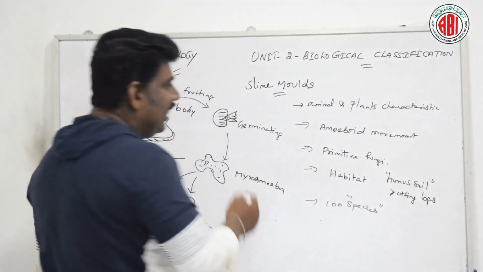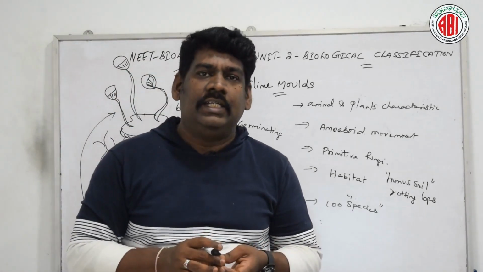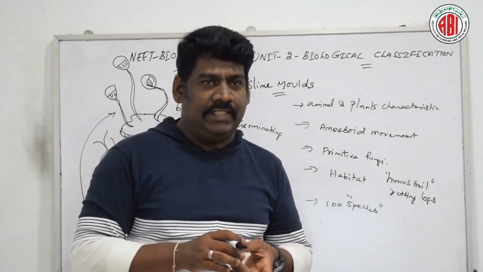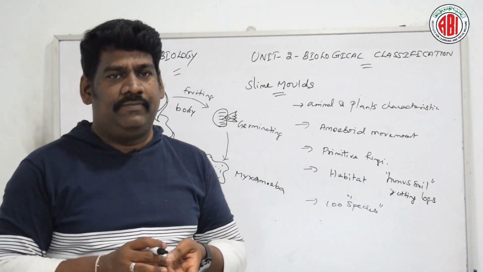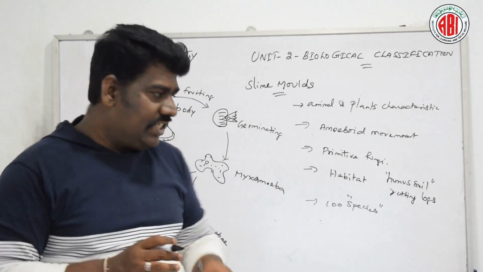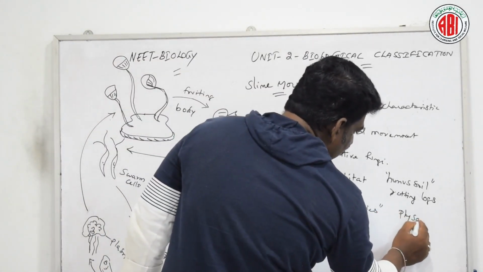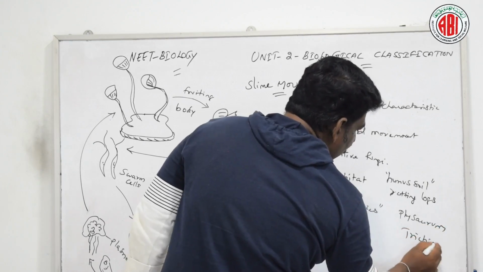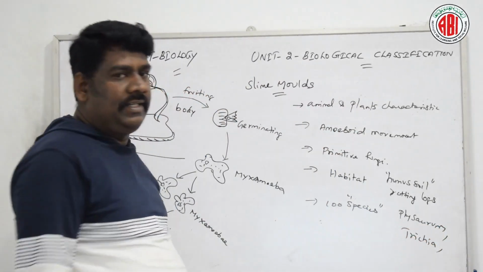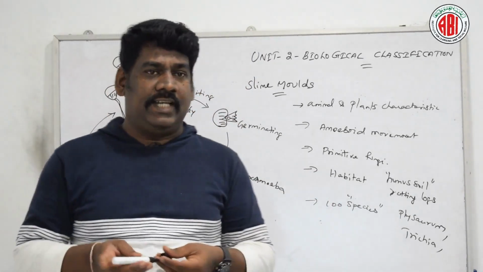Physarum is one example for this category, and Trichia is another example. These are a few examples of the organisms under slime mold.